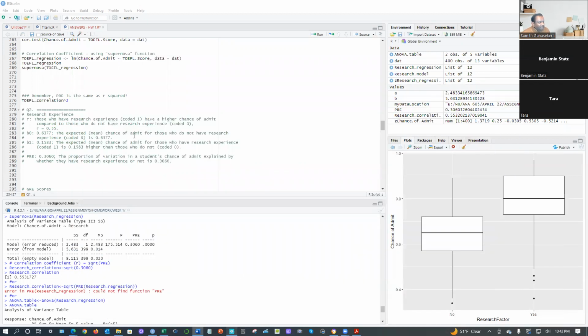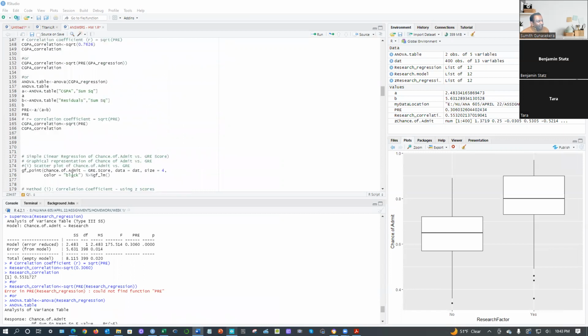The second one: the expected mean chance of admit for those who do not have research experience, coded 0, is 0.6377. That's the B naught. Can you remember B naught in the group?